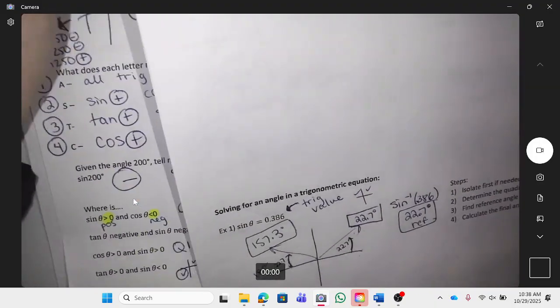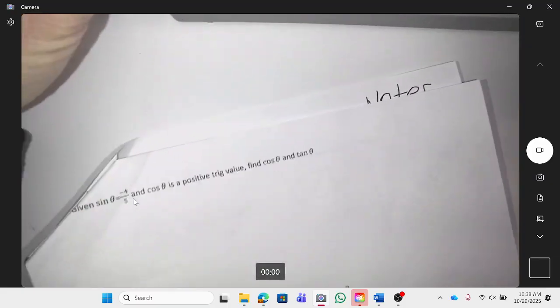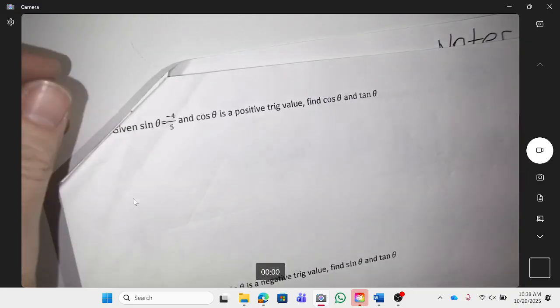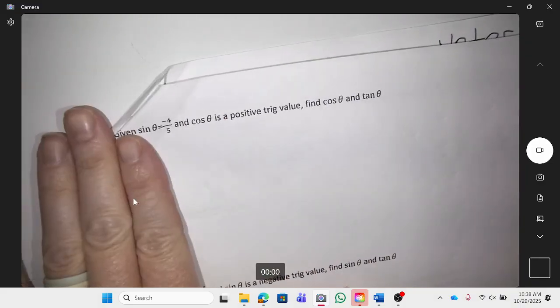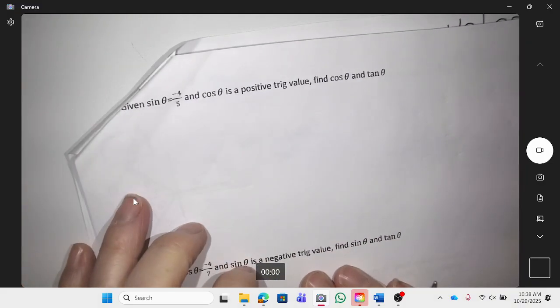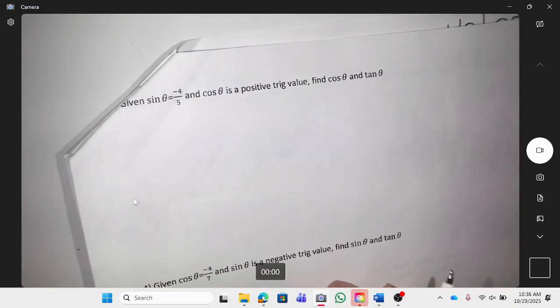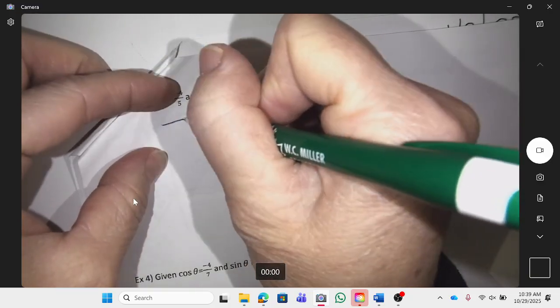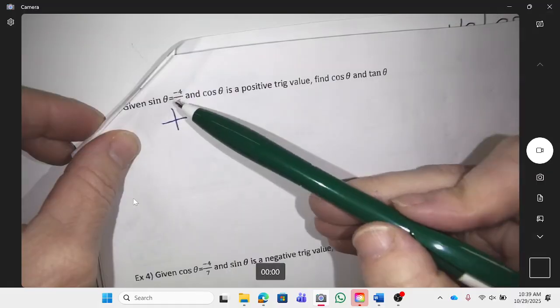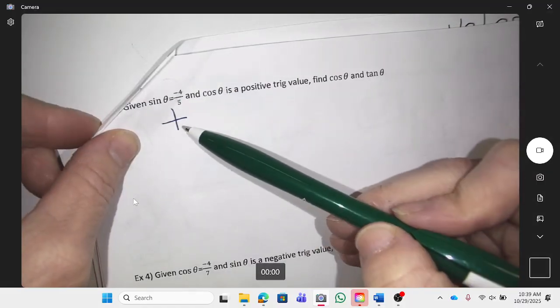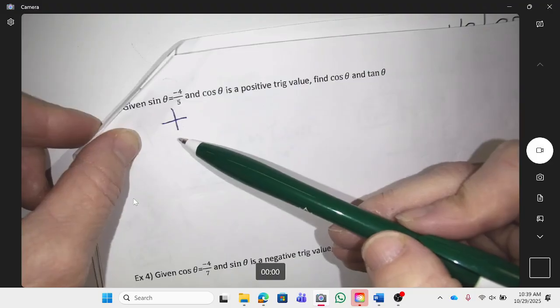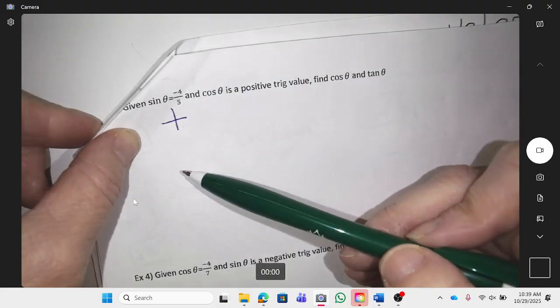Okay, 2 more questions for the day. This one is a little different in the sense that I start not knowing where I am. So we're going to figure this out with the info. This little information is telling me sine has to be negative. So what are some options for my ASTC spots?